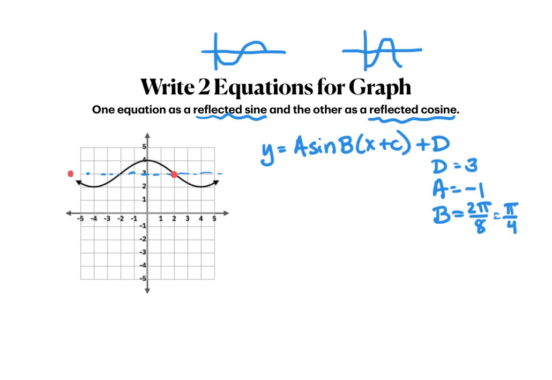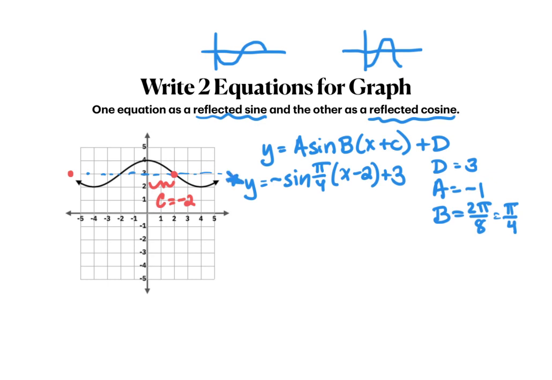So looking at that, it's 2 to the right, so C would be negative 2. And now at this point, all I have to do is write my equation. So y equals negative sine of pi over 4 times x minus 2, plus 3. Now I have my sine function.